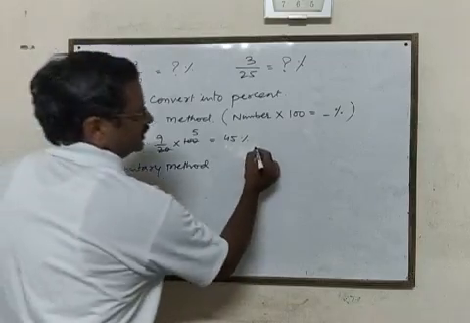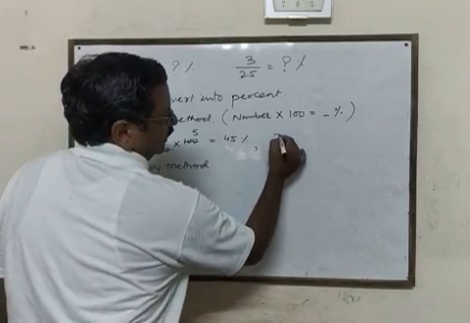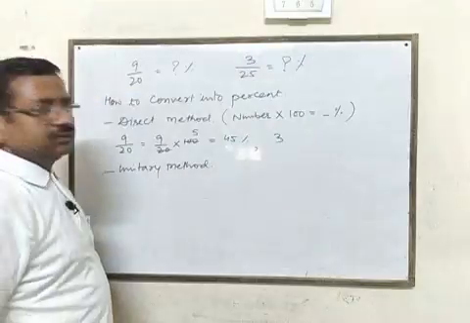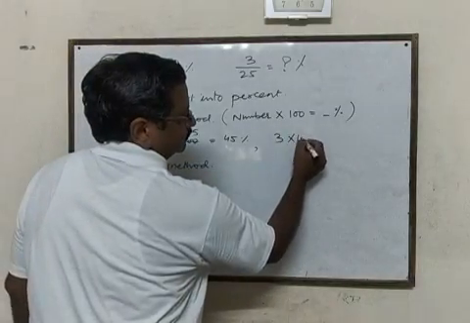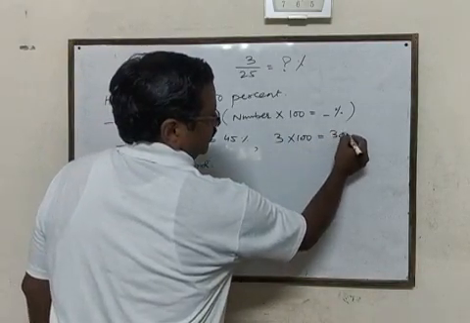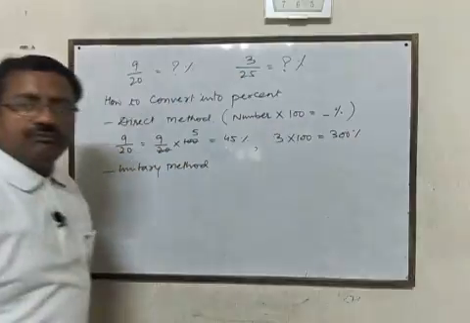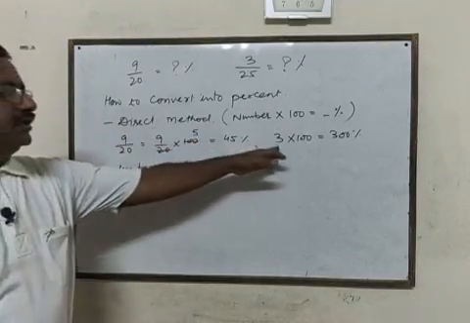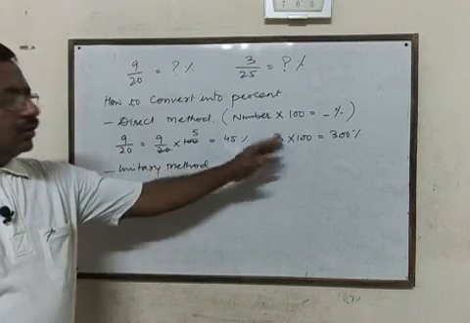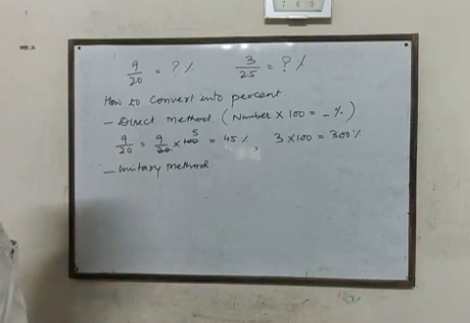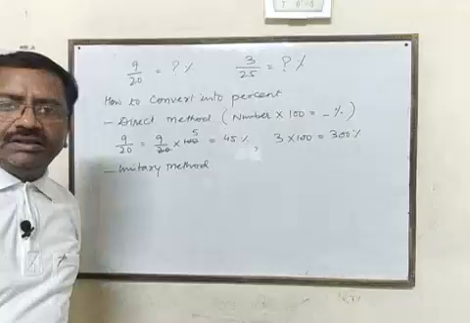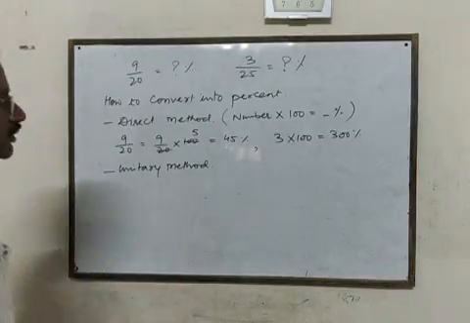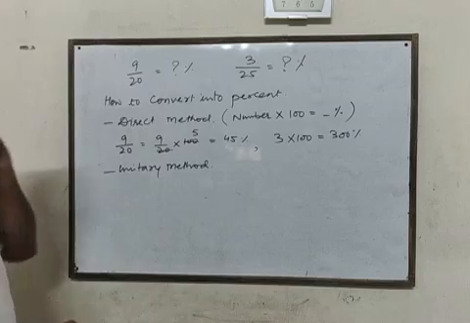Only the number 3, just multiply it by 100. This is equal to 300%. So whether the number is in fraction, or a simple number, or a decimal, you just multiply the number by 100. This is the direct method to convert a number into percent.